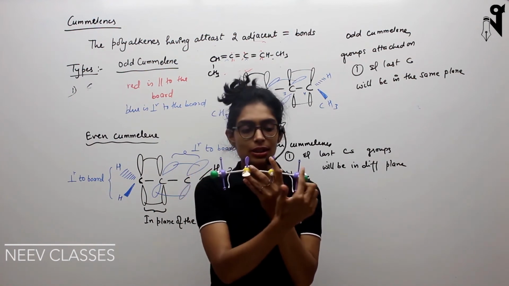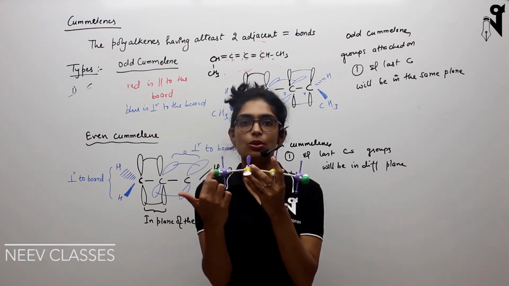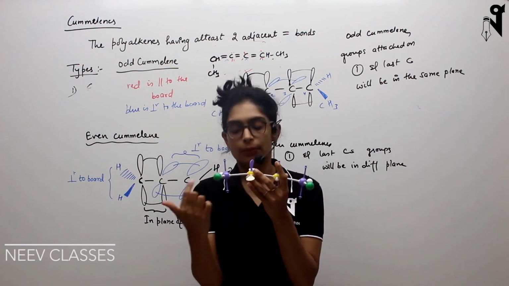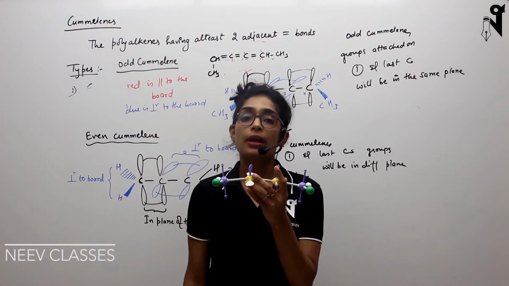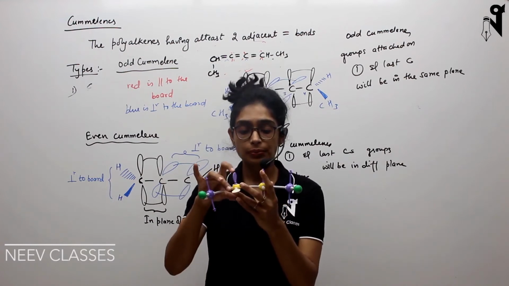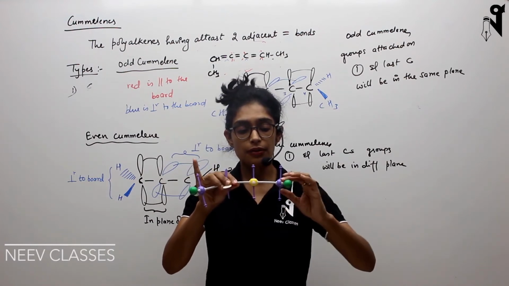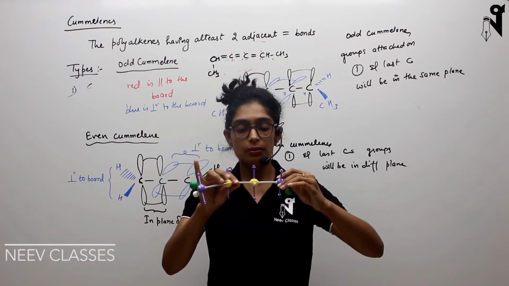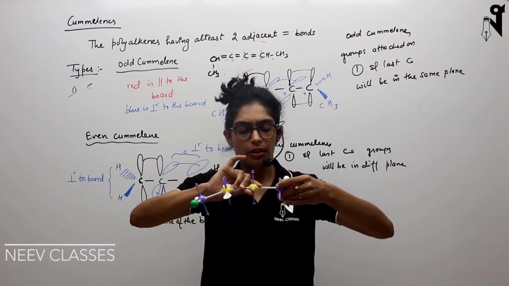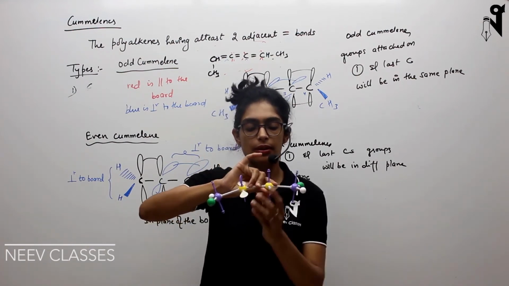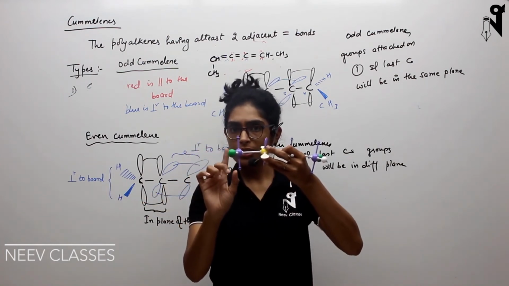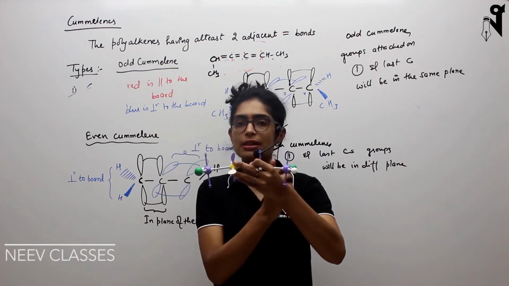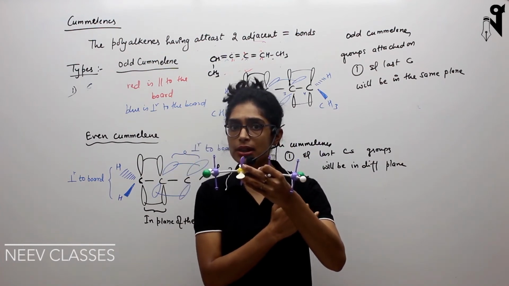So the distance between this carbon and this carbon is going to be L1. The distance between this carbon and this carbon is going to be L1. Now if I shift the position like this, what's going to happen? This CH3 is towards you, and this CH3 is away from you, correct?